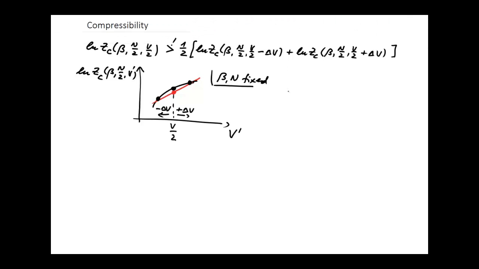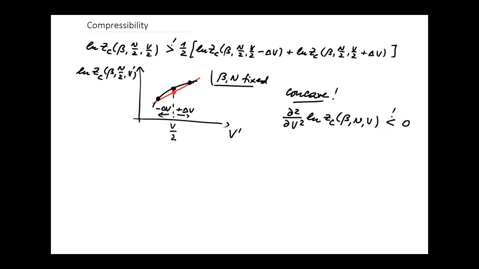So we find that as a function of volume, the log of the canonical partition function must be concave. And again, this can be written in differential form as a condition for the second order derivative with respect to the volume of the log of the canonical partition function. This must be strictly smaller than 0.